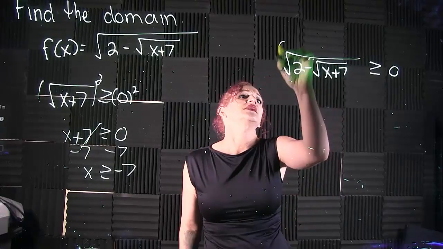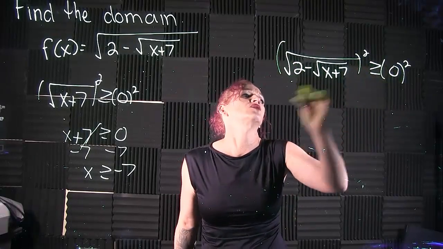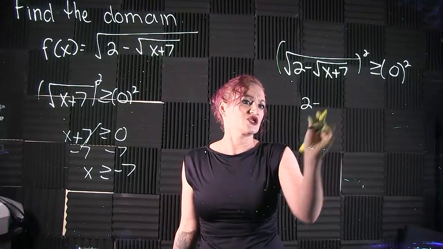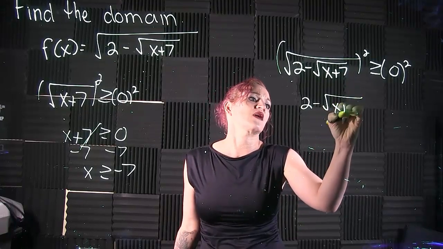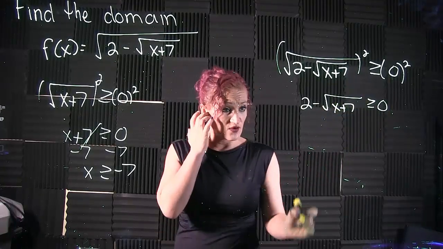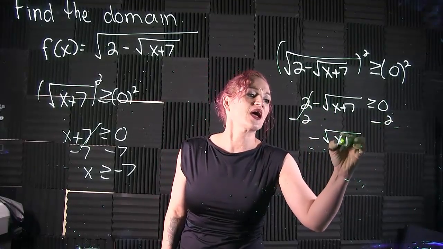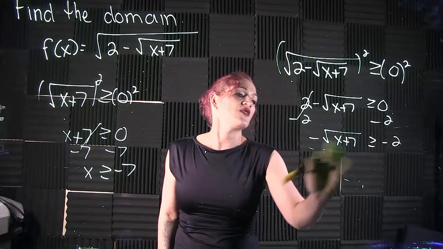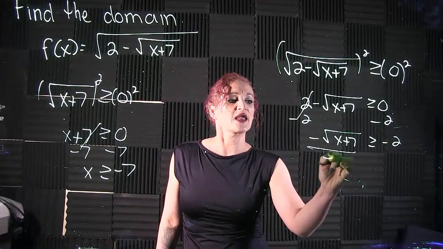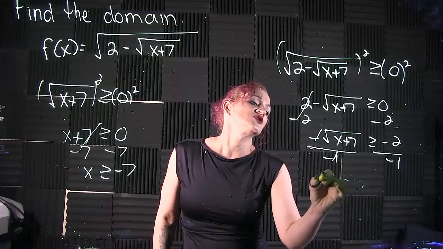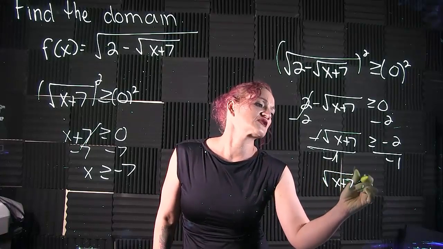Over here, again, clearing out our radicals, we can square each side to get 2 minus the square root of x plus 7 is greater than or equal to 0. Subtract that 2 on each side, and then divide out the negative so that we're looking at the square root of x plus 7.